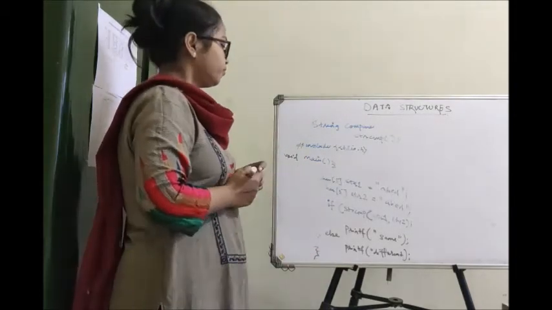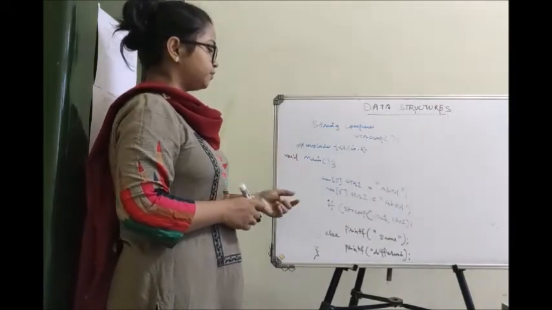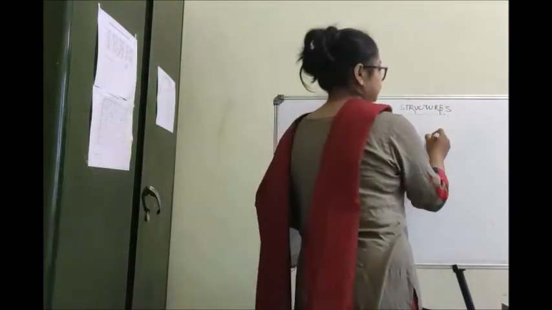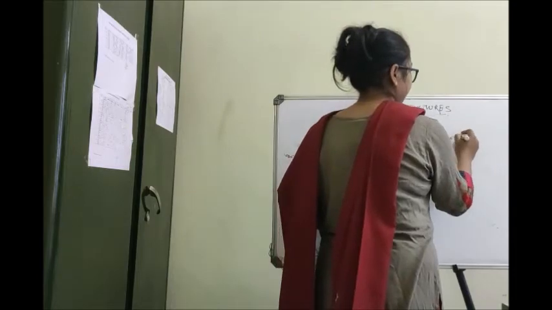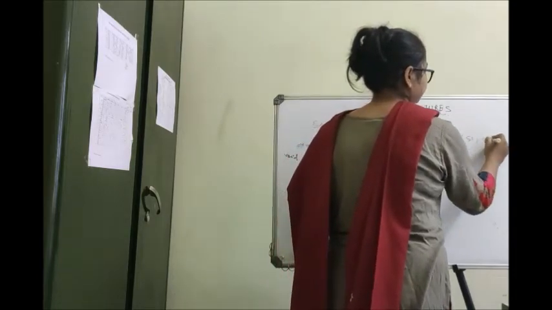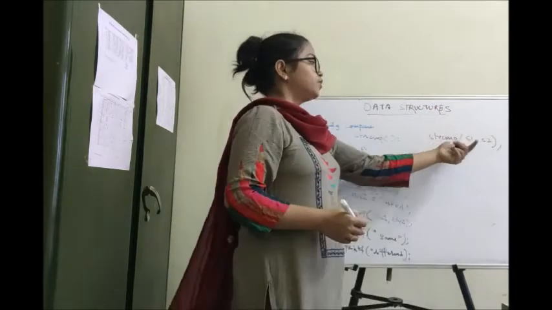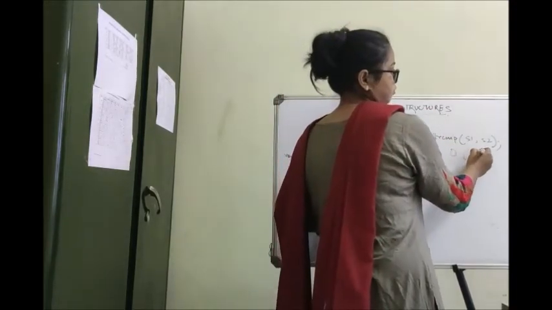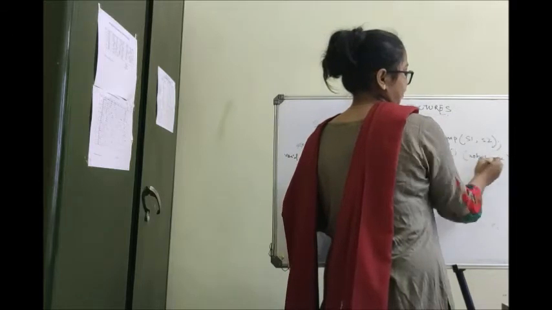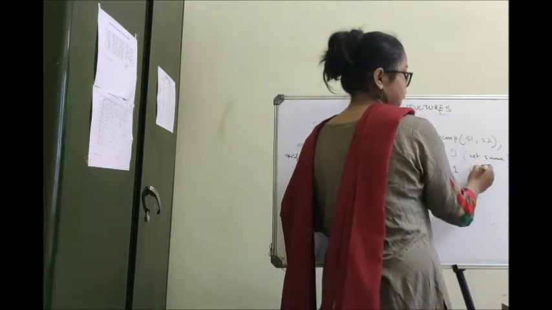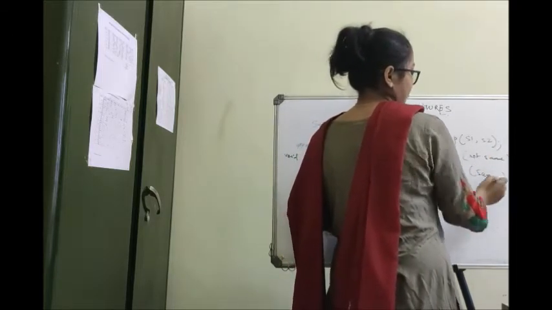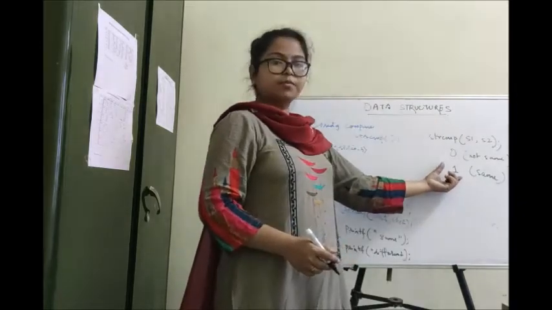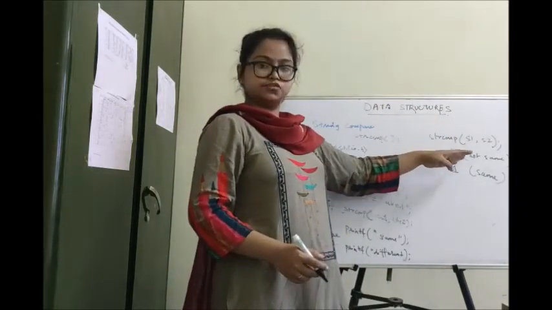Okay, so here what is happening? String compare strcmp s1 s2, whatever strings you are giving, it will return 0 if not same. It will return 1 if same. Okay, so whenever we have 1 it means true, 0 means false.